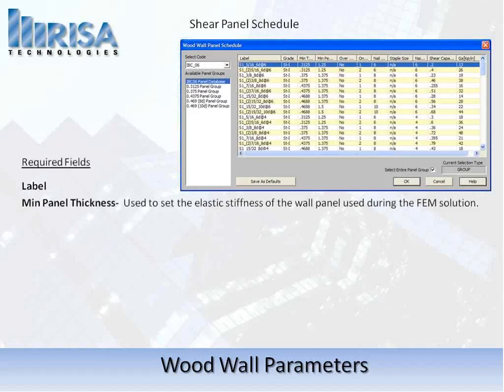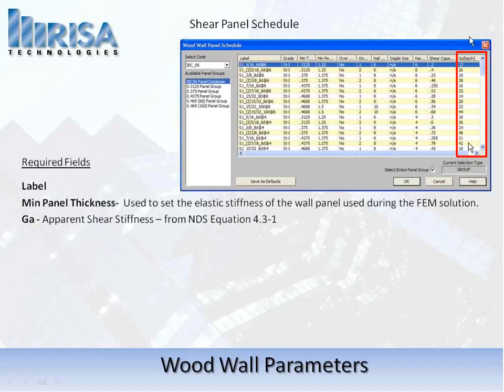The next piece is the minimum panel thickness, and that's required because we're going to be setting the elastic stiffness of the wall during the FEM solution based on this thickness. Okay, so that's a crucial piece of design information. The next one we have here is the GA value, which we see highlighted in red at the end of this column. That's the apparent shear stiffness.